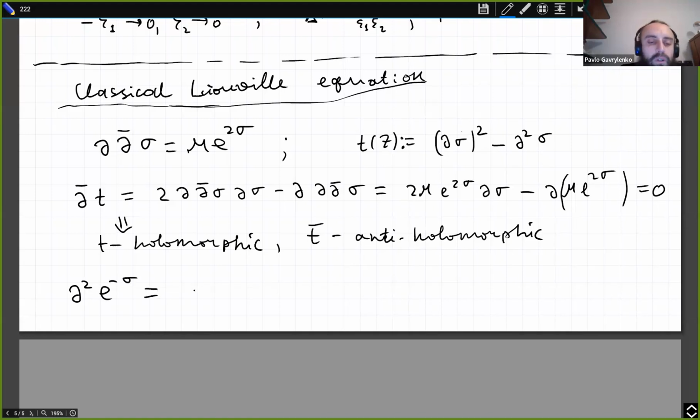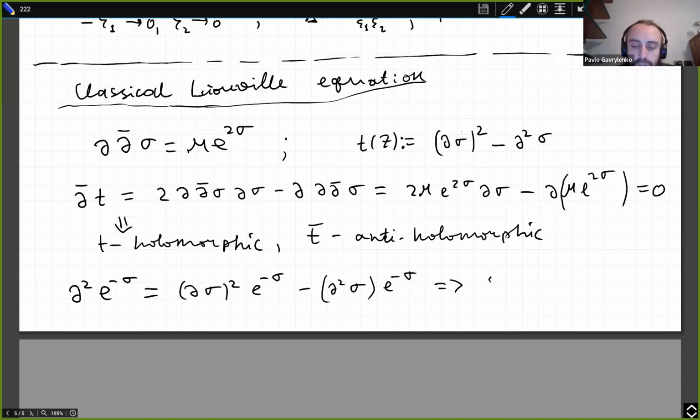It equals (d sigma) squared e to the minus sigma minus d squared sigma times e to the minus sigma. Not sure about signs, but probably they should be correct.